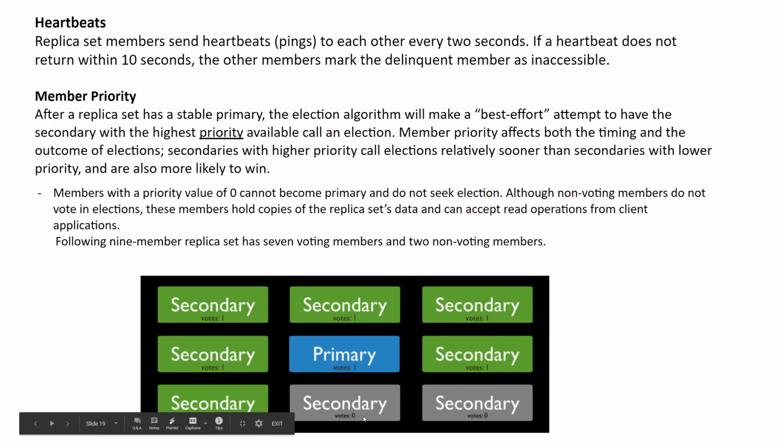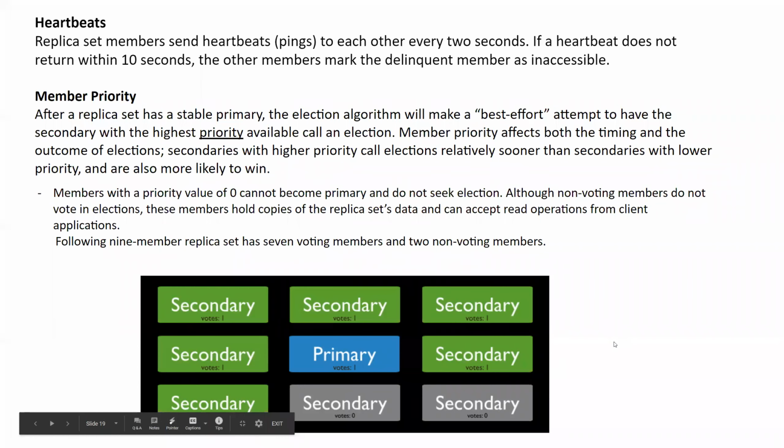Although non-voting members do not vote in elections, they hold copies of the replica set data and can accept read operations from the client. Yes. So I think this can become one replica set over here.